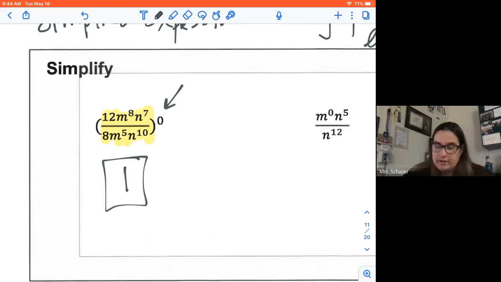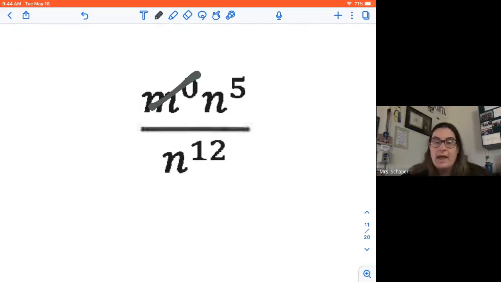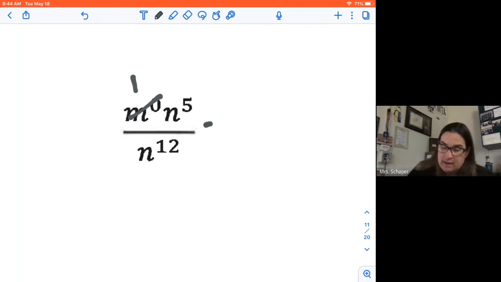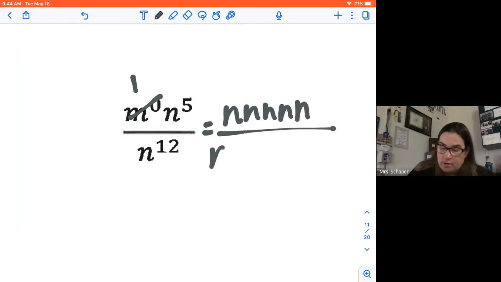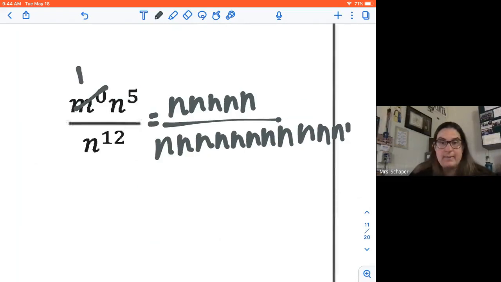When I look over at this one, all right, m to the 0, that's 1. And now I'm working with my n. So we go back with our divisibility rules. I've got 1, 2, 3, 4, 5 in the numerator. And I have 1, 2, 3, 4, 5, 6, 7, 8, 9, 10, 11, 12 in the denominator.